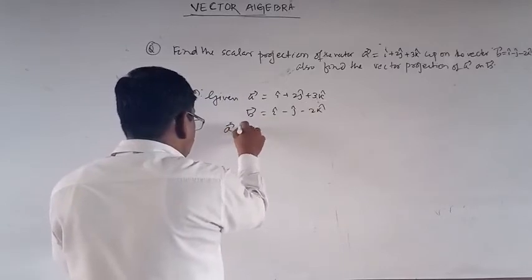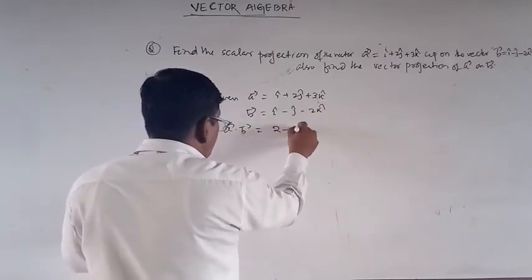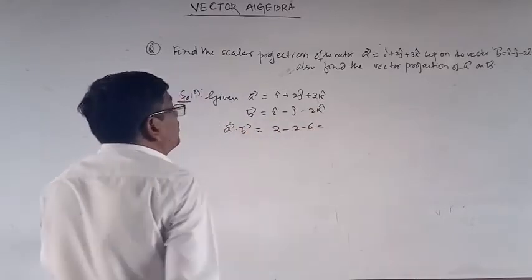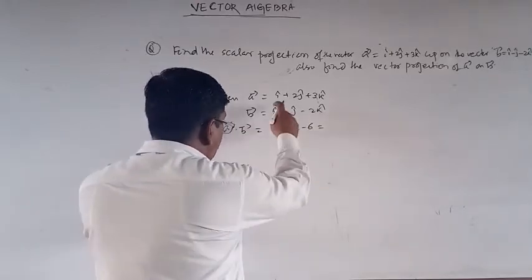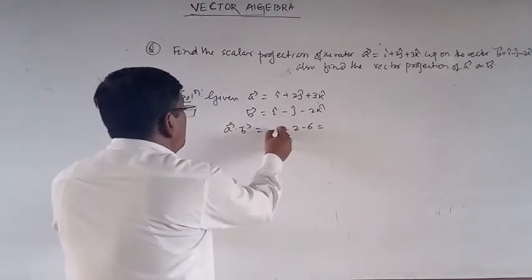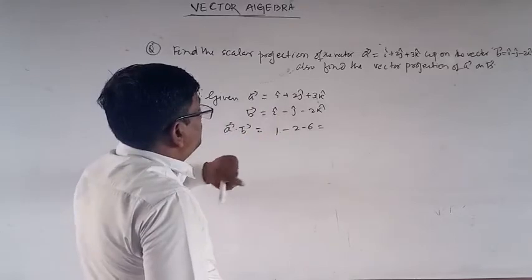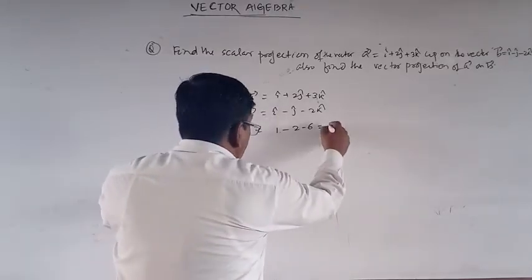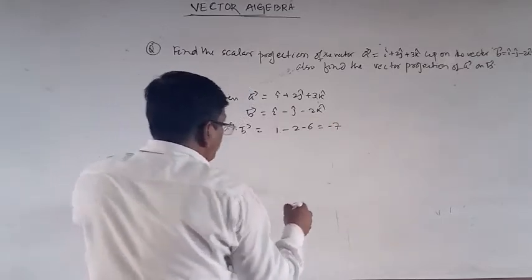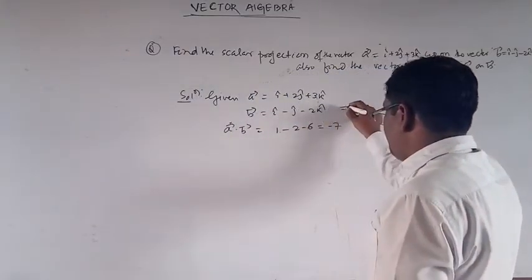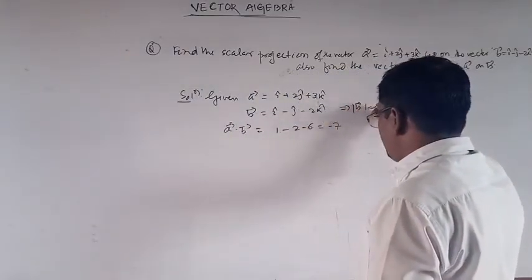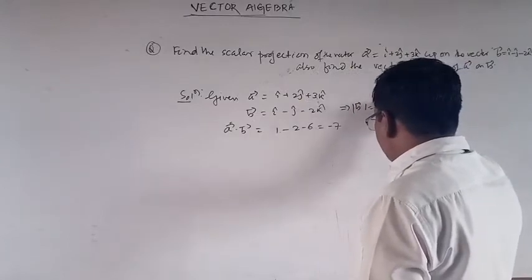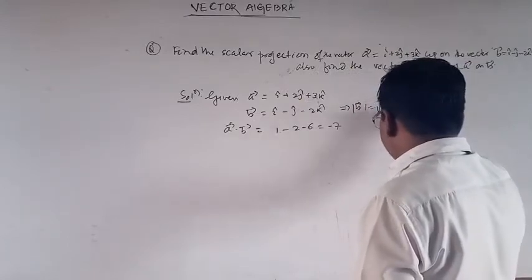A dot B is equal to 1 into 1, 2 into minus 1, 3 into minus 2. That is 1 minus 2 minus 6, which is minus 7. Now magnitude of B is equal to root over 1 plus 1 plus 4, so root 6.